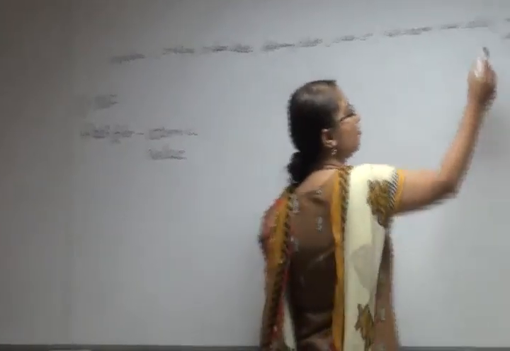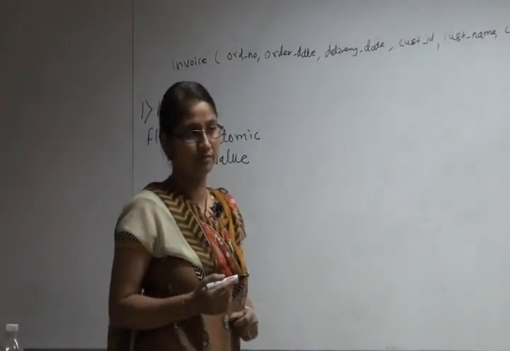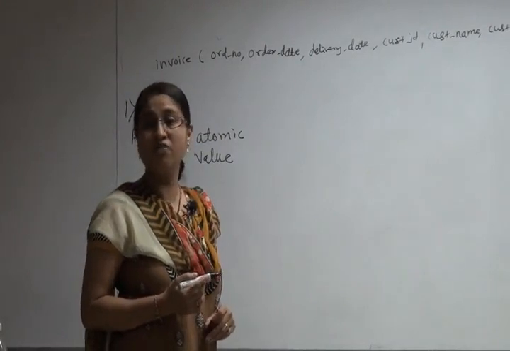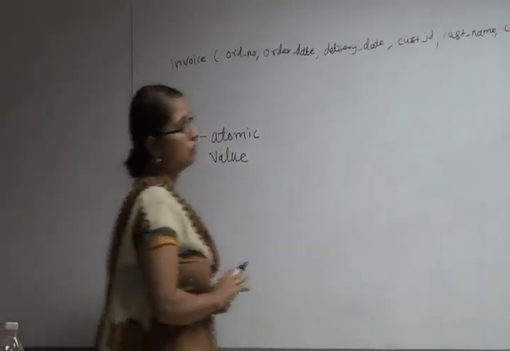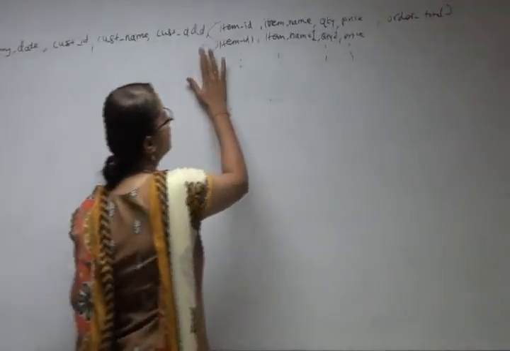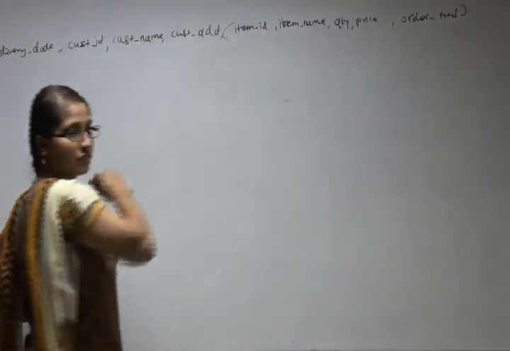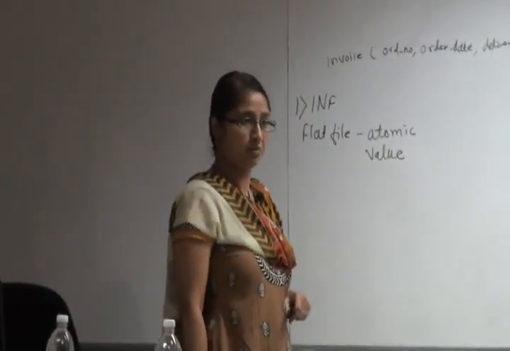That means we are looking for a repeated group of columns. So what will our table be? We will have only this many columns, right? So we will be removing the repeated group.